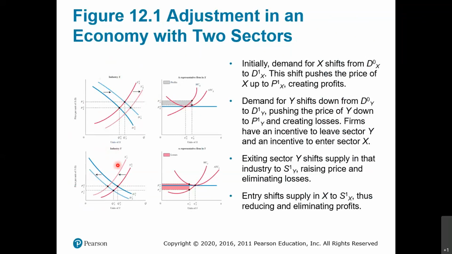You got me? So if the consumers are demanding more of industry X, they're spending less in industry Y. What happens? That leads the equilibrium price, start here, now it falls, equilibrium price comes down here, that leads to economic losses. What happens when there's economic losses? Firms go out of business.